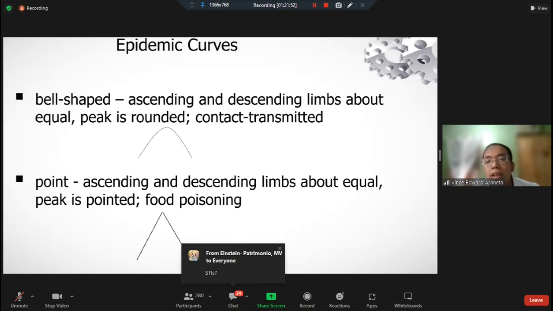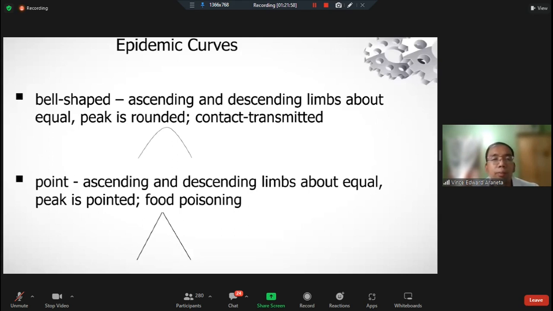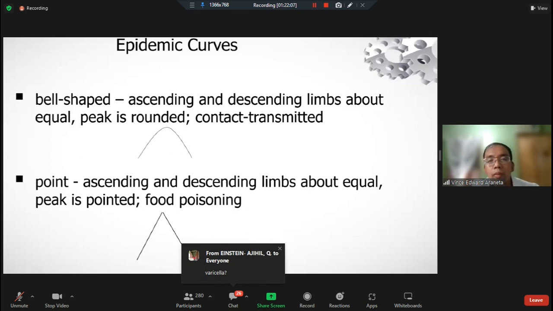Aside from sexually related diseases, what else? Could be varicella. Yes, scabies is a good example. Even conjunctivitis, impetigo.